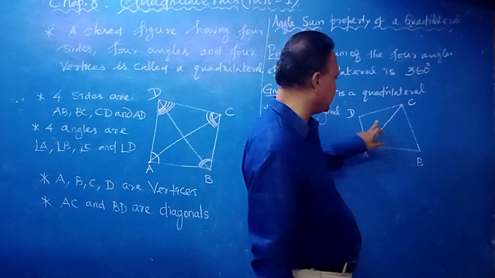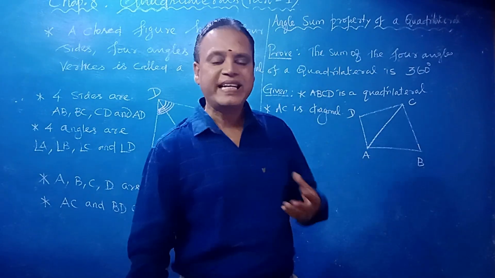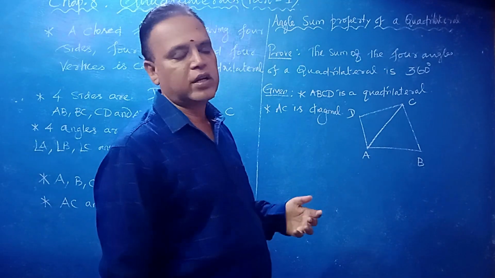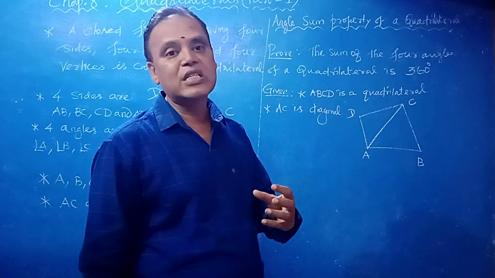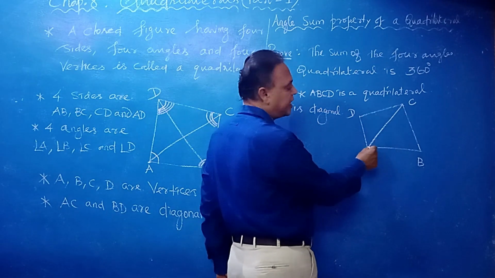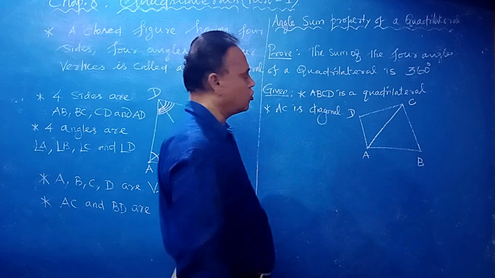Using the angle sum property of a triangle, we can easily prove this, because one diagonal divides the quadrilateral into two triangles.